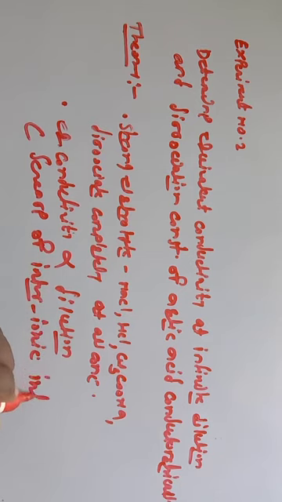This results in an increase in the migration speed of the ions with dilution, and hence the equivalent conductivity also increases. So this point is very important: strong electrolytes completely dissociate, and the equivalent conductivity is directly proportional to the dilution.